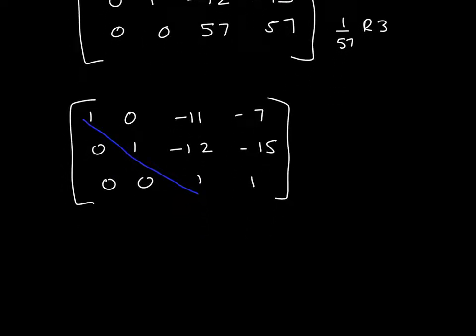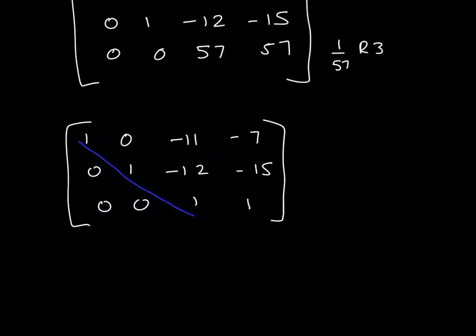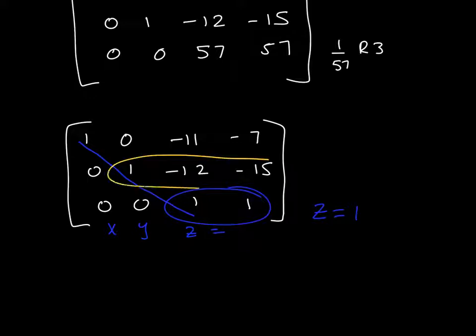So remember, this last equation here is coming from the fact that this is x, y, z is equal to my piece here. So this piece here gives me that z is equal to 1. Now, the next row gives me the fact that I have y minus 12 times z is equal to negative 15.